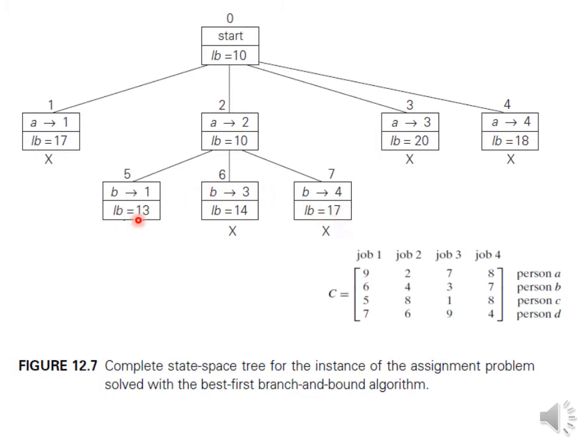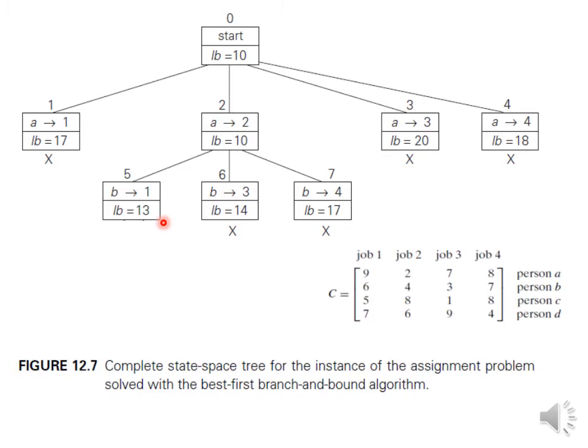Now again in this particular level, let us understand which is the best one, which is having the lowest lower bound. So this assignment, node number 5, is having the best lower bound. Let us expand this. How to expand this? Go for the next assignment.